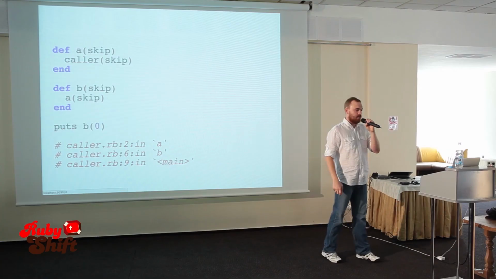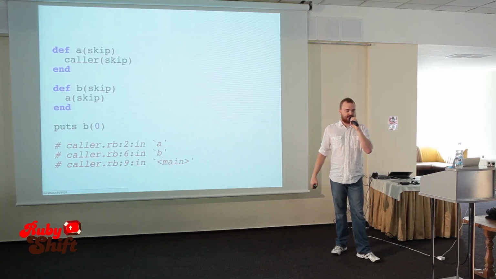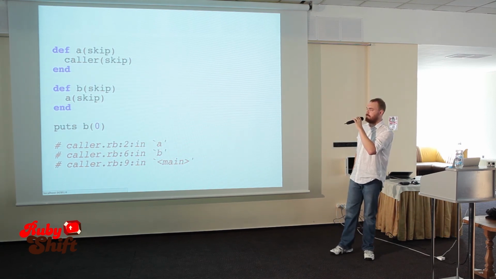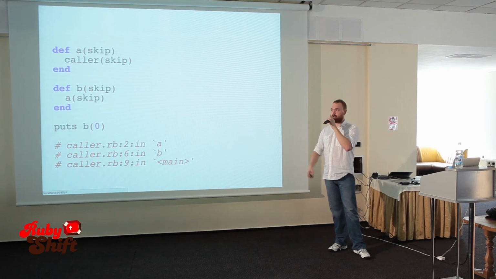We will see that at the beginning, in main, something was called, and then in the sixth line, b was called, and then in the second line, a. So we have a backtrace using this method called caller.